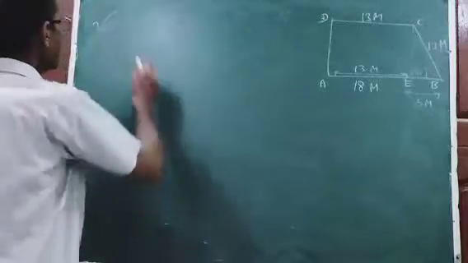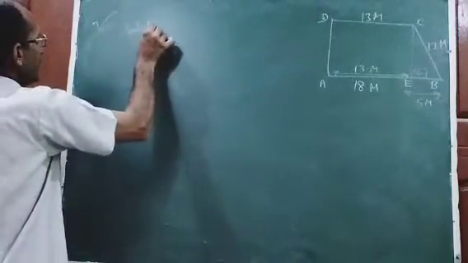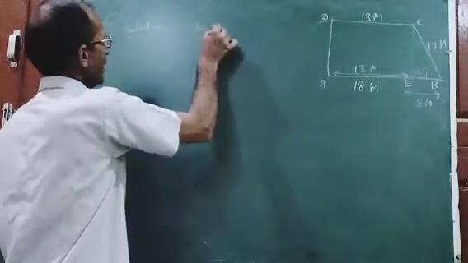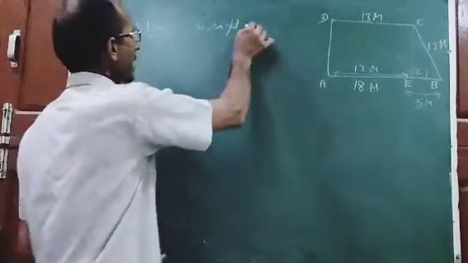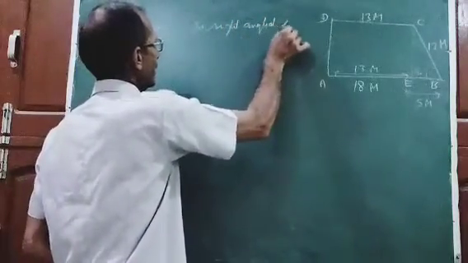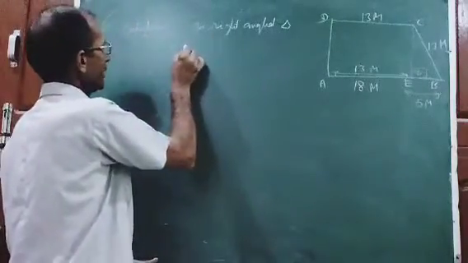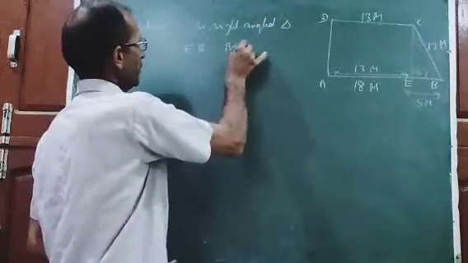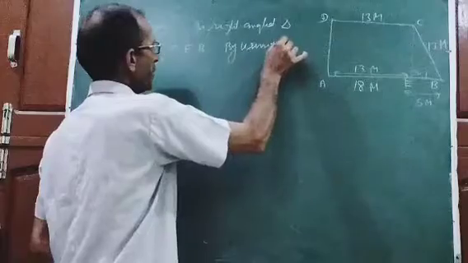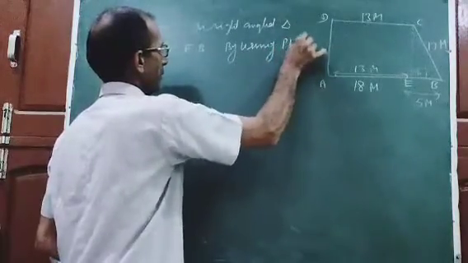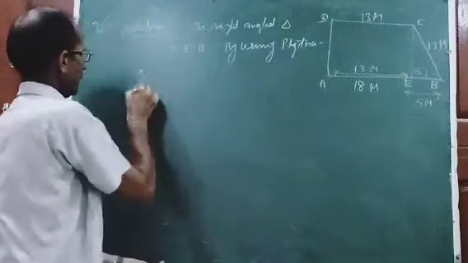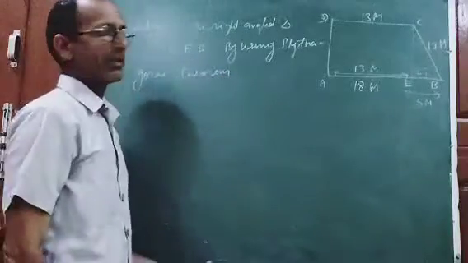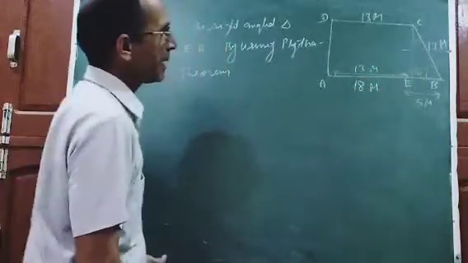So solution: in right angled triangle CEB, by using Pythagoras theorem, we need to find the perpendicular, it means CE.